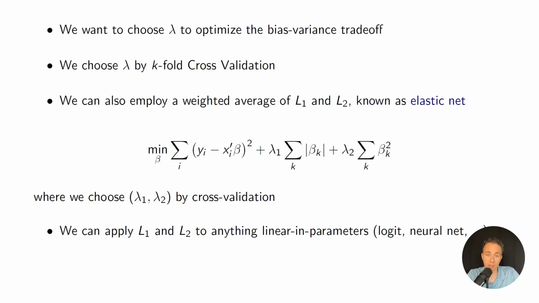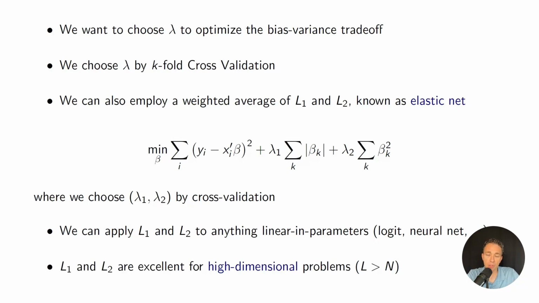It could be a support vector machine, and a lot of other options. But the key thing is that L1 and L2 work well even if we have more covariates than rows of data, which happens a lot in many different applications. And just to remind you, high dimensional means that the number of columns in my X matrix exceeds the number of rows in my X matrix.